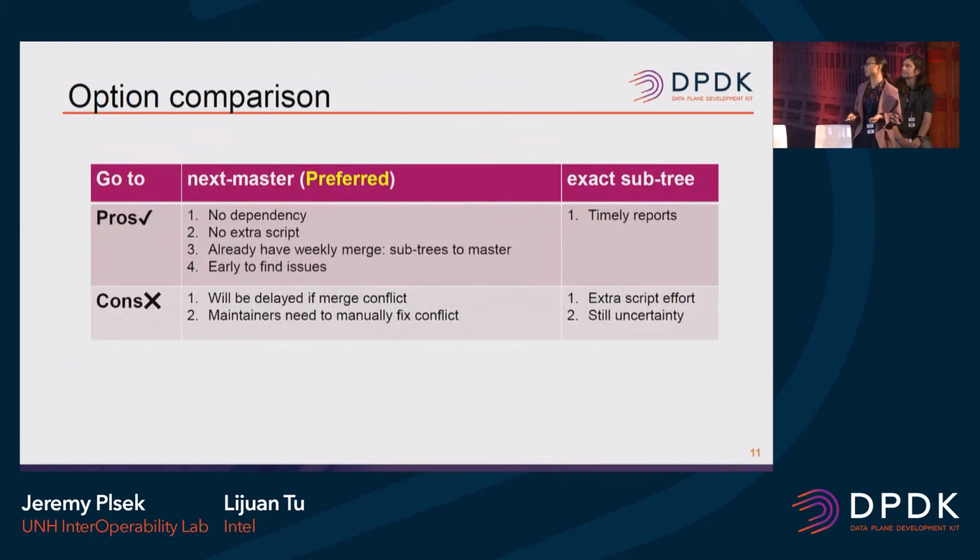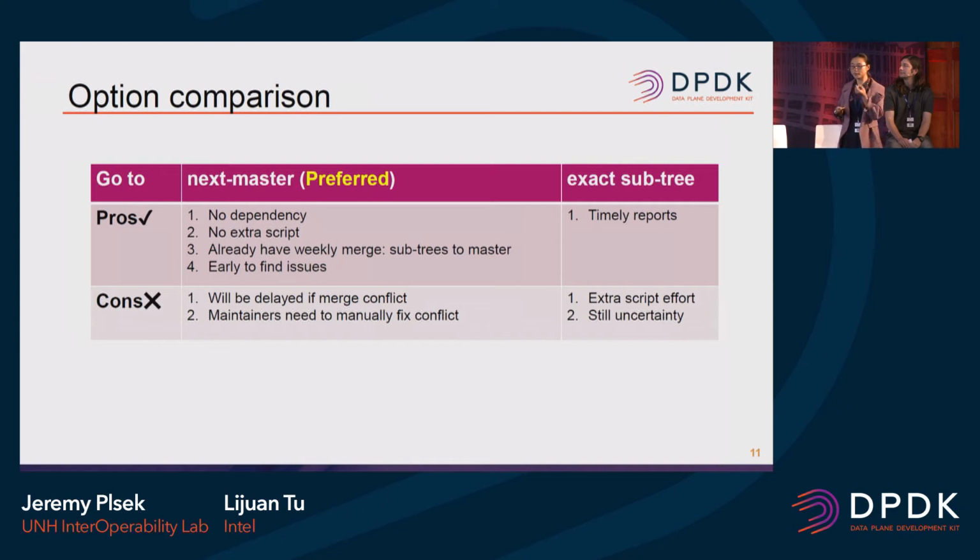So we have compared the two options. For option 1, I think we prefer this, just because we will merge the subtrees. For the future master, the next master tree, we will have no dependency problems because we merged all subtrees into the main.